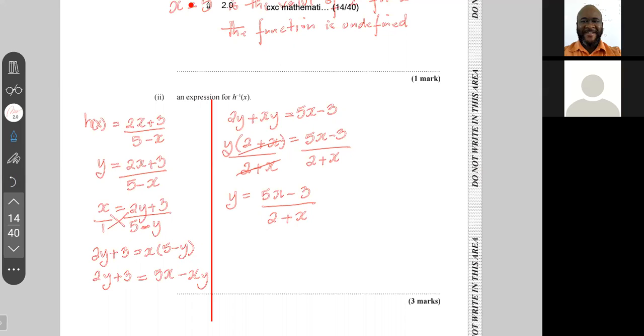Step 3 is to make y the subject again. That means when I'm finished, I should have y by itself on one side. Step 4 is to take out y and say h inverse of x is equal to 5x minus 3 over 2 plus x. Turning the page.